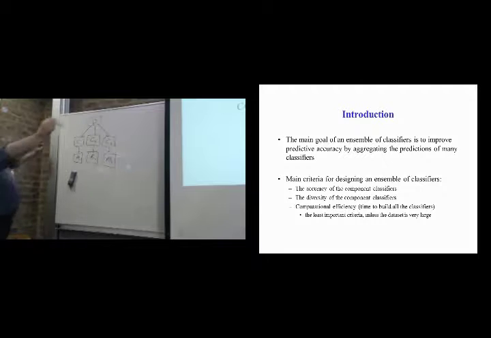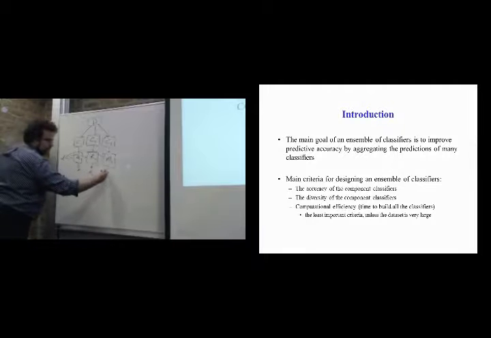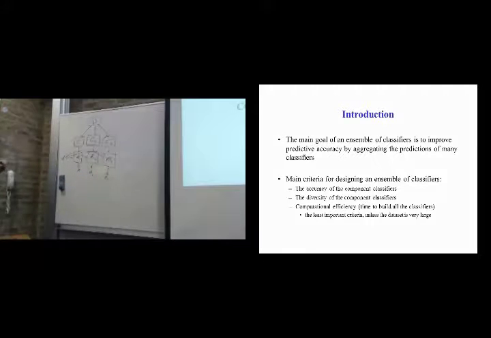And the idea of these ensemble methods is then, when we've got a new piece of data, we feed it into each of these models, and then we get a prediction. So we get a different prediction for the same piece of data, and then we do some kind of voting.